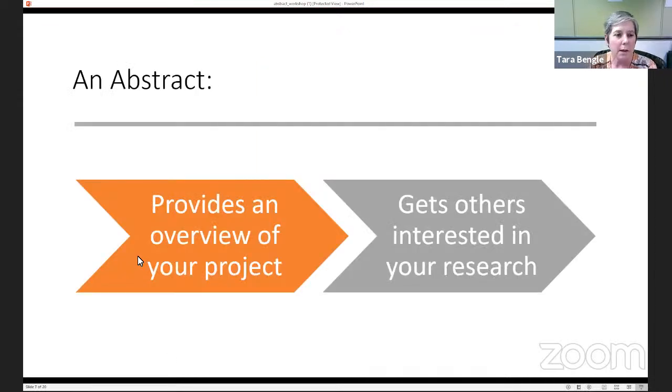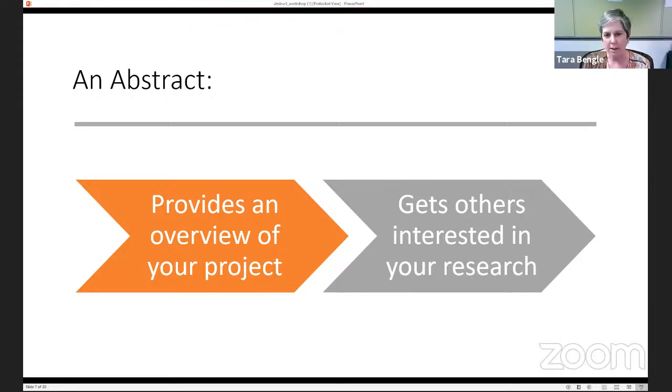Okay, well, an abstract, overall, provides a rather broad overview of your project. And it also serves the purpose of getting others interested in your research. So an abstract is the first thing somebody is going to see about your research.